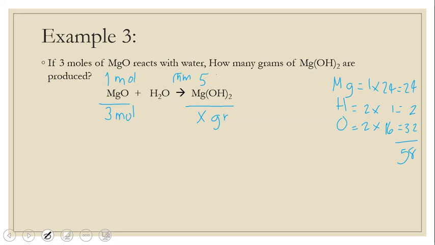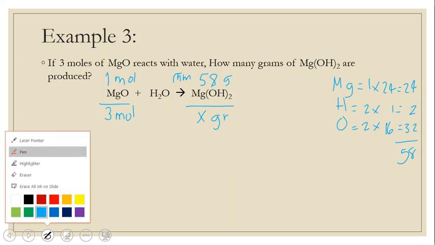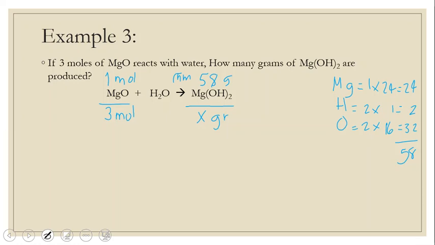So there are 58 grams per mole. Then I make my cross multiplication. There are 3 times 58 divided by 1. And my result is 174 grams of magnesium hydroxide.